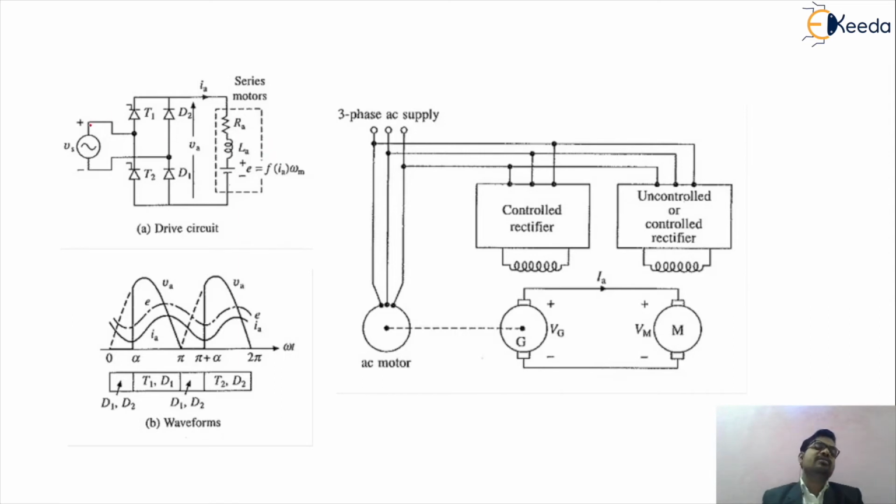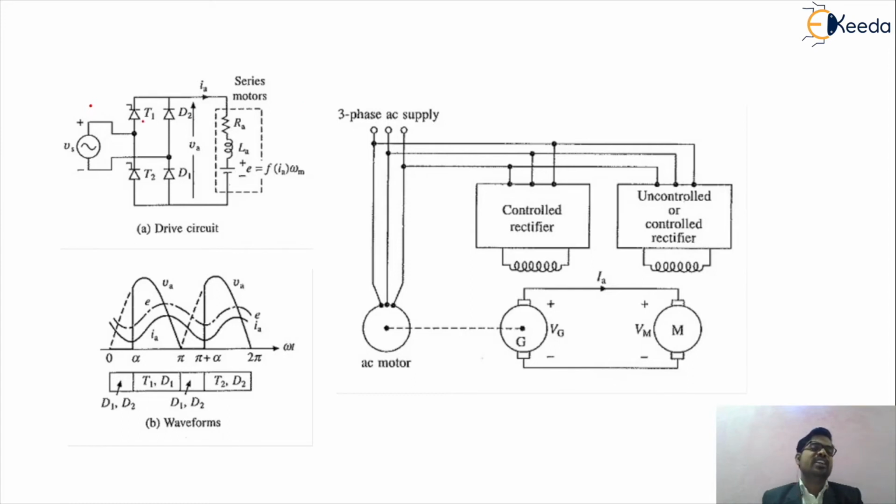As shown in the figure, we are using one type of rectifier, which will be used for controlling the series motor. This is a rectifier which converts the alternating current supply into direct current supply.